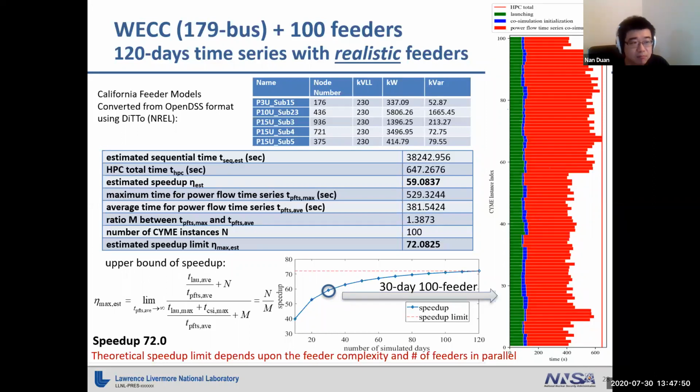That's this darker blue portion of time consumption. And then you have all those power flow solution times represented by red. We are simulating a 30-day time series here. But in this case, you're only limited by the longest time consumption.